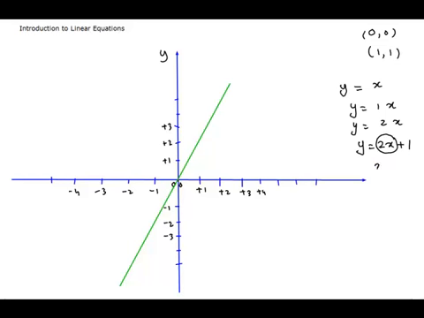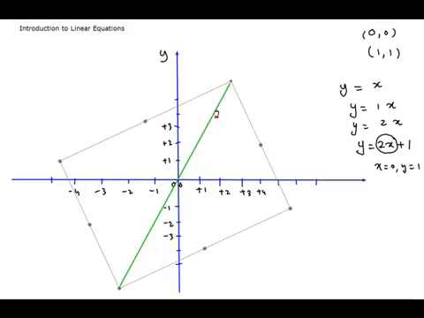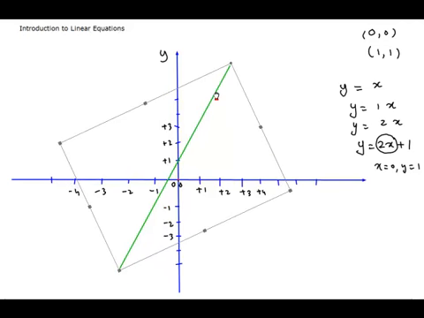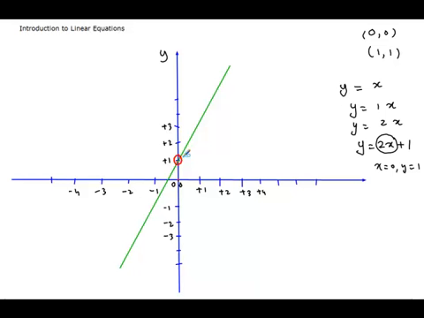So when x is 0, y is 1. So we have to then change this line. This is the point where for x equal to 0, y is 1. So the line goes up if you have this kind of expression.